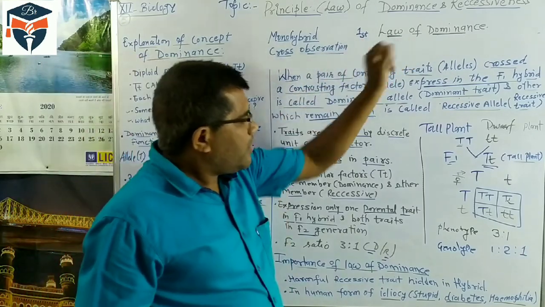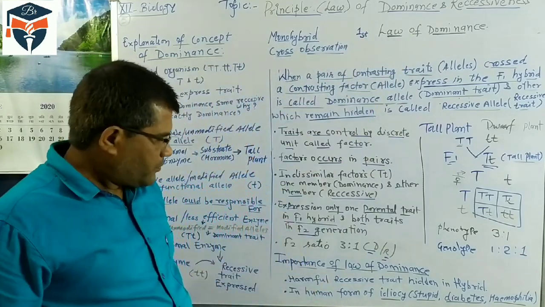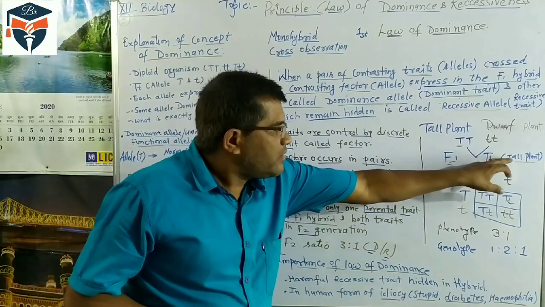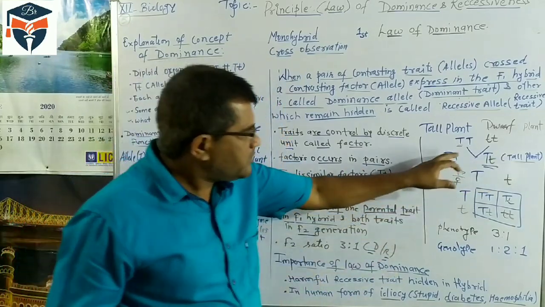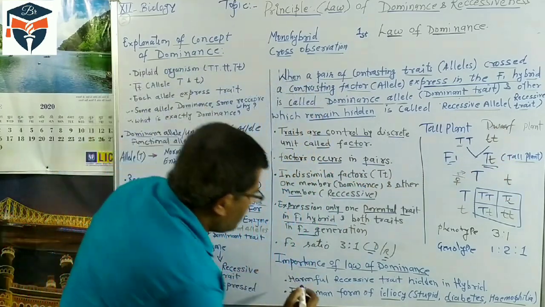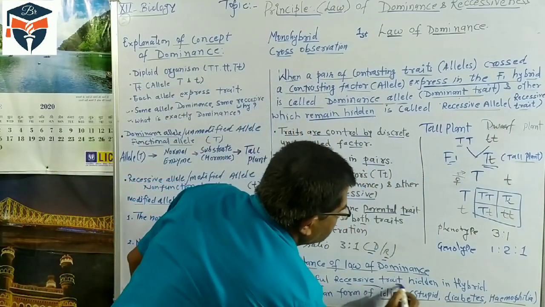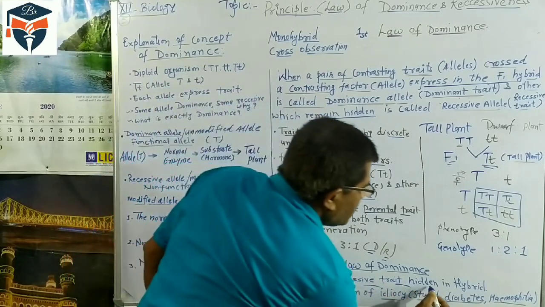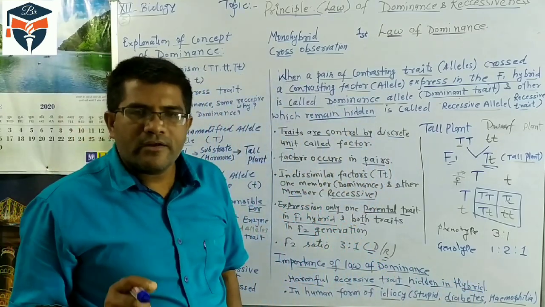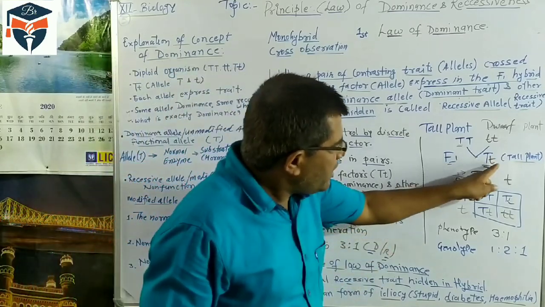So overall, what is important in this law of dominance? Students, in the F1 generation only the dominant trait is expressed, which means the recessive character is hidden. So harmful recessive characters are hidden in the hybrid and do not express.